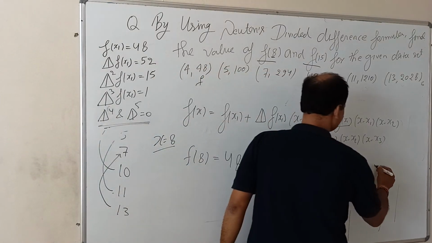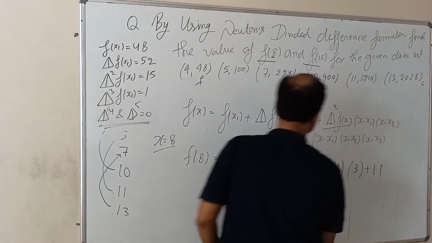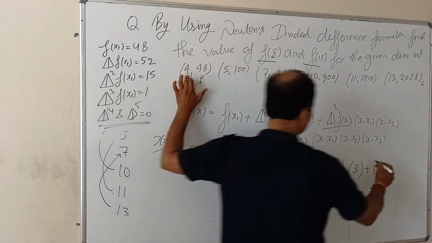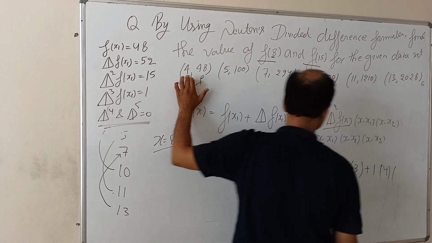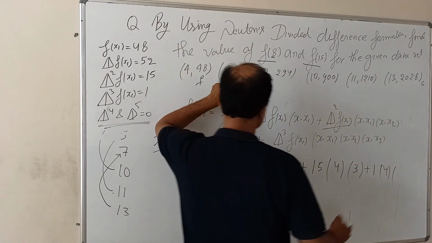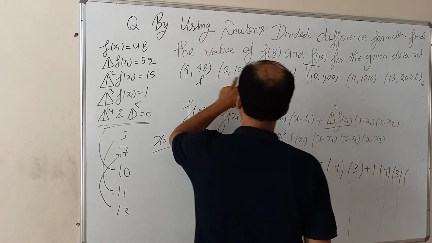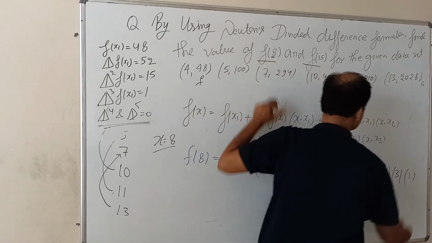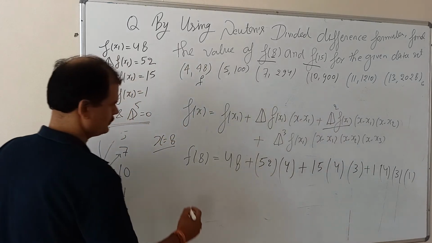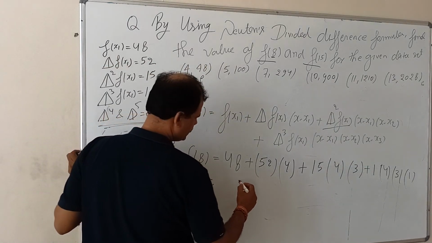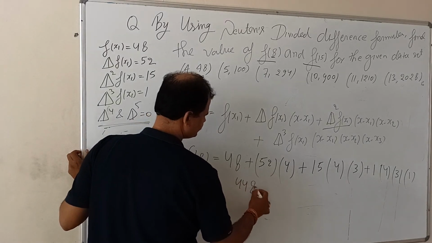So 1 into x minus x1, 8 minus 4 we get 4, x minus x2, 8 minus 5 we get 3, and 8 minus 7 we get 1. So if you simplify, we get 448.